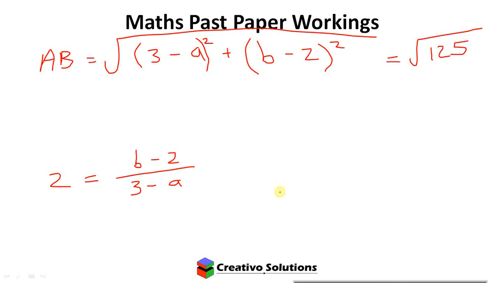Right, so now the question becomes simultaneous equations because you've got two separate equations, both with a and b. Right, so is it possible to simplify the top equation?